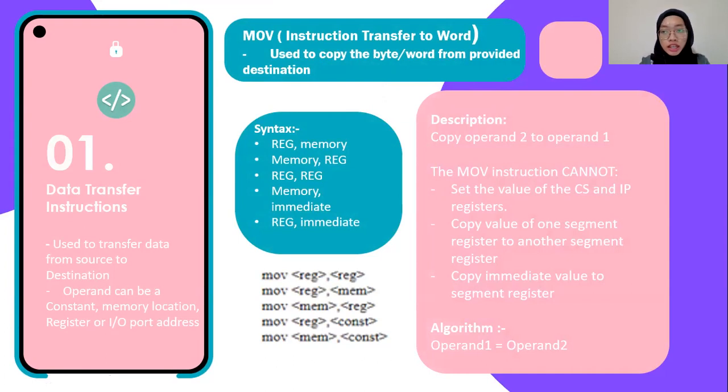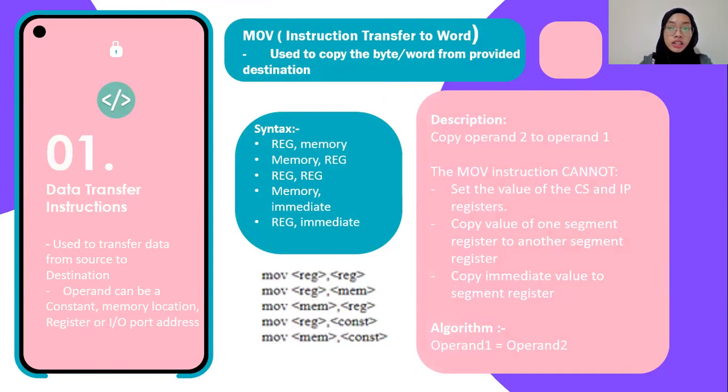It copies the data item referred to by the second operand, for example, register content, memory content, and constant values, into the location that refers to its first operand, which is the register or memory, while register moves are possible and direct memory to memory moves are not.